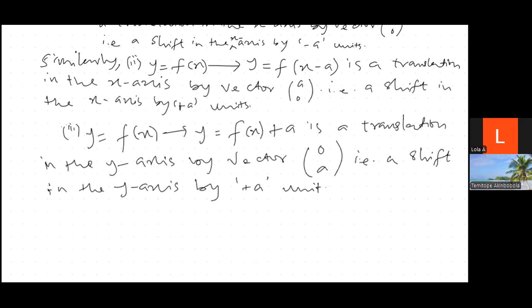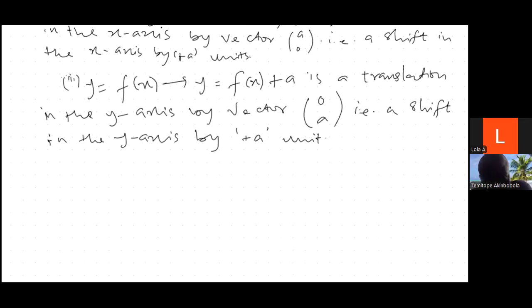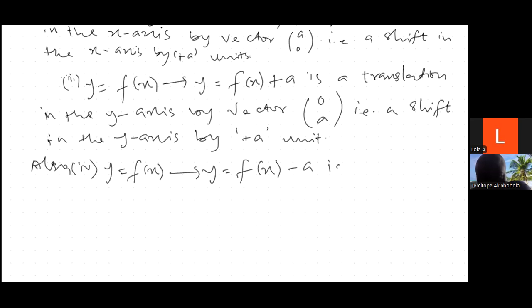Also, that's number 4 now. y equals f of x transforms to y equals f of x minus a is a translation in the y-axis by vector 0, minus a.